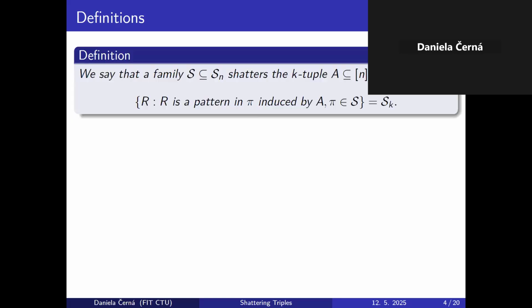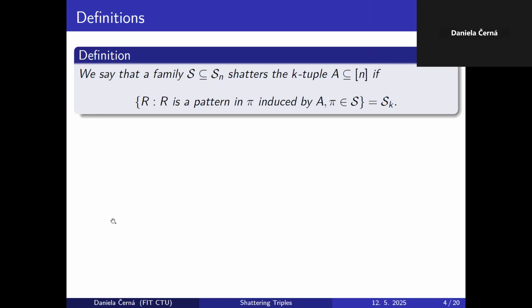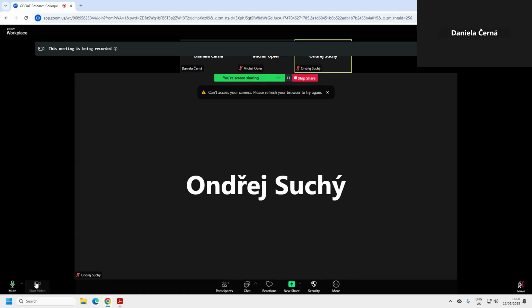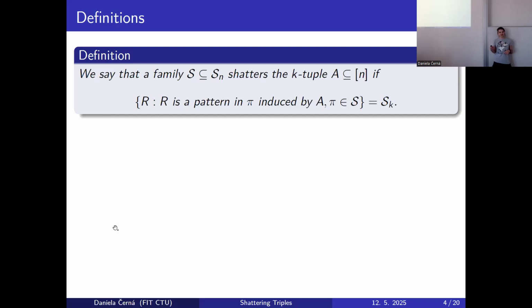So if you know what the pattern is, I can tell you what shattering is. If we have a family of permutations, then we say that this family shatters k-tuple A if I look at the permutations from the family one by one, I look at the patterns that are induced in the permutation by this k-tuple, and eventually I want to find all possible permutations of order k.